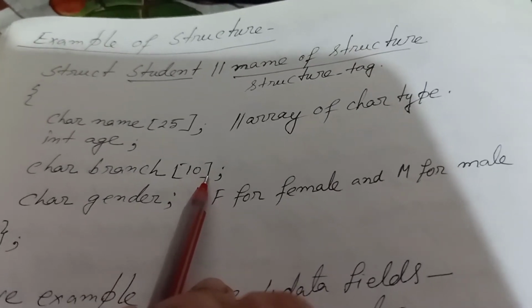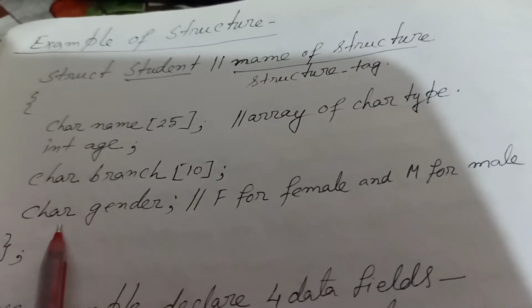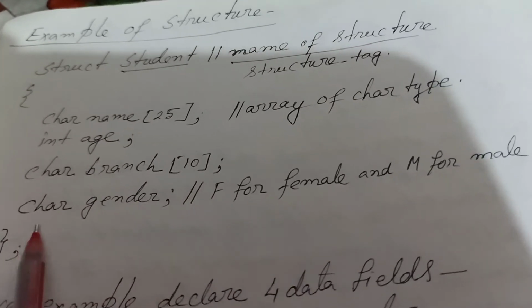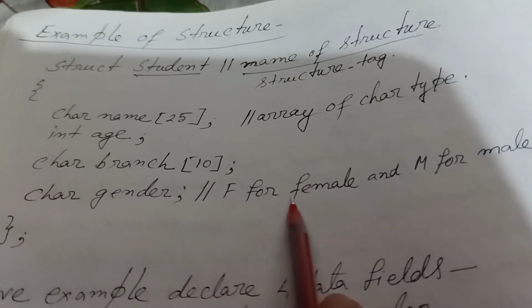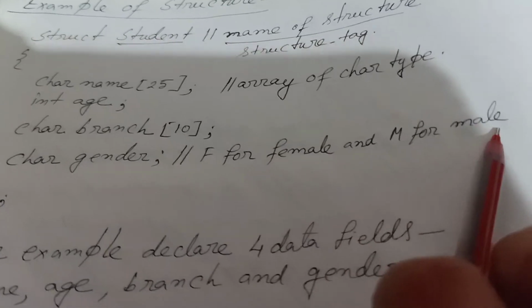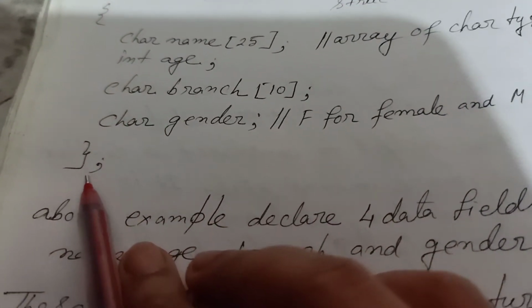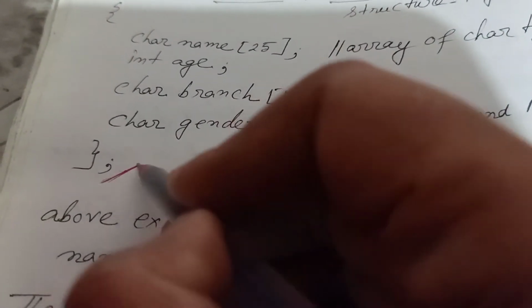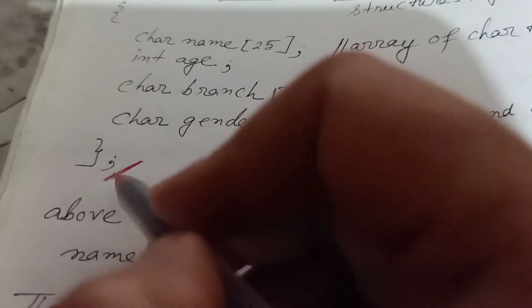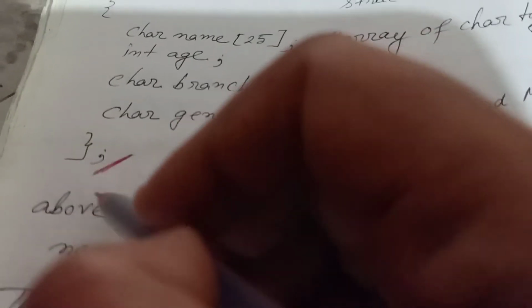It is also an array of character type. Then char gender. Okay. F for female and M for male. Okay. And closing brace. After closing brace, we are putting semicolon. Okay, that is mandatory. Without semicolon, the C program will not execute this structure.